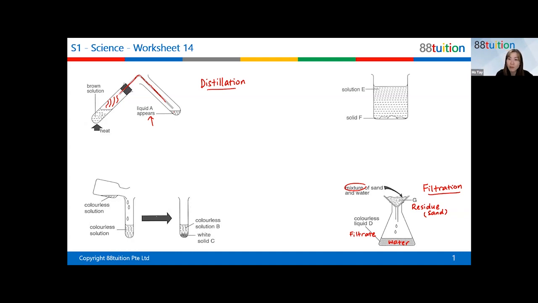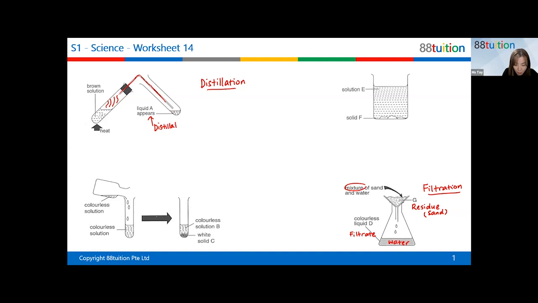So distillation will be? Yeah, that's right. Jared, you remember that? Good. So filtration, we get filtrate. Distillation, we get distillate. Right now, if you cannot remember, don't worry. Now is the time for you to remember all these things.